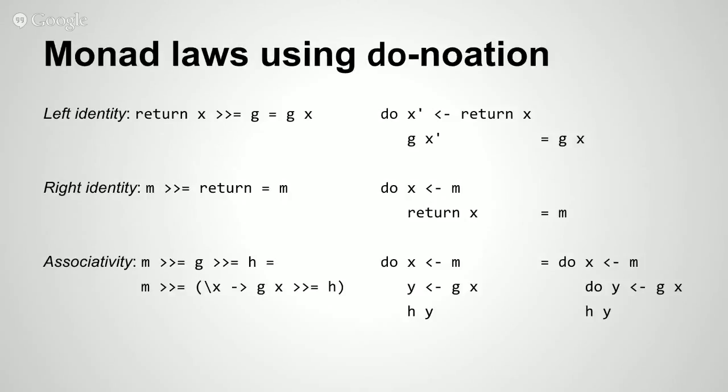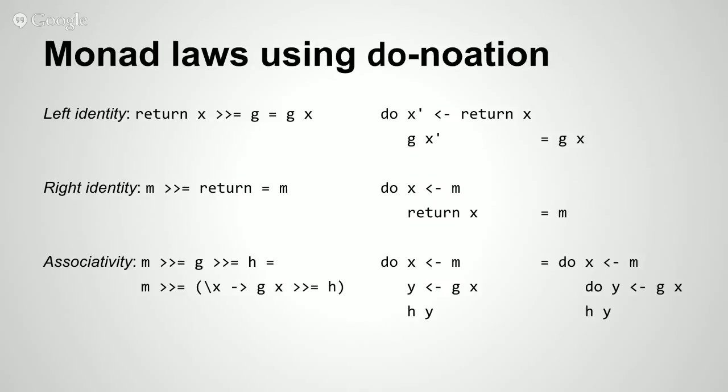So in do notation, the left identity law is saying that if we have a do block and x' gets return x, and then we apply g to x', it's the same thing as applying g to x. So that's a simplification.